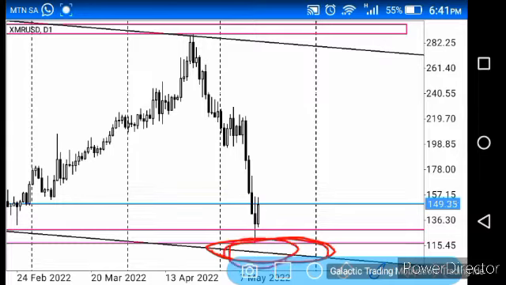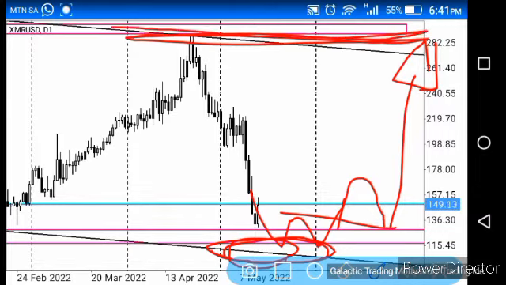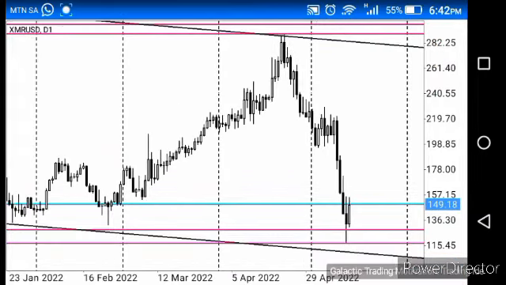And then from there we're likely to see some sort of a W formation and price hitting to the upside, maybe to this level over here where we have that resistance up there. So let's continue. So that's the daily chart.